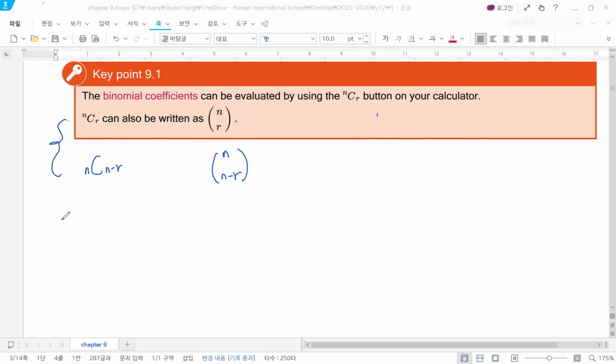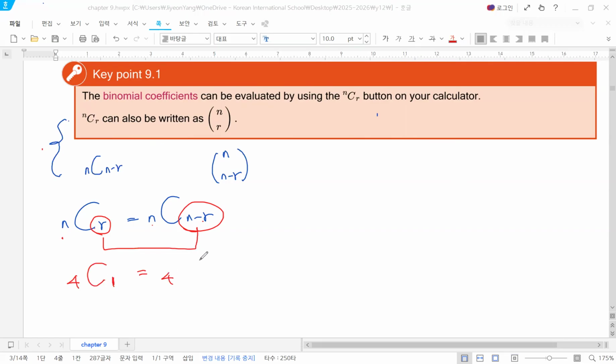Okay, students. So for example, nCr equals nC(n minus r). What it means is, if the numbers here add up to become n, these two values are the same. So for example, 4C1 is equal to 4C, what's the number here? 3.